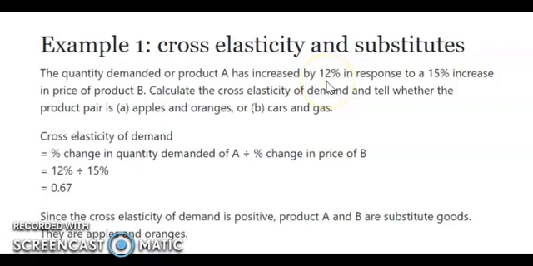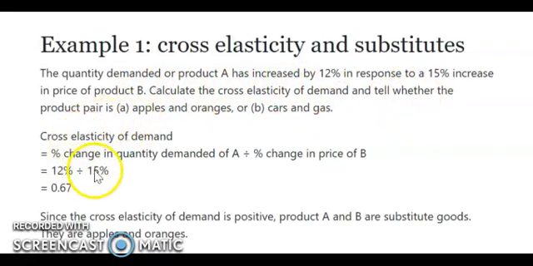So our formula: percentage change in quantity demanded of one good divided by percentage change in price of another good. Percentage change in product A was 12% divided by percentage change in price of product B, that's 15.